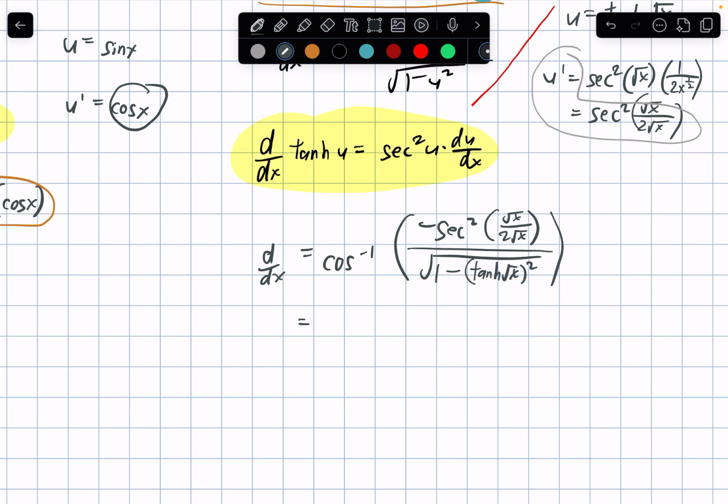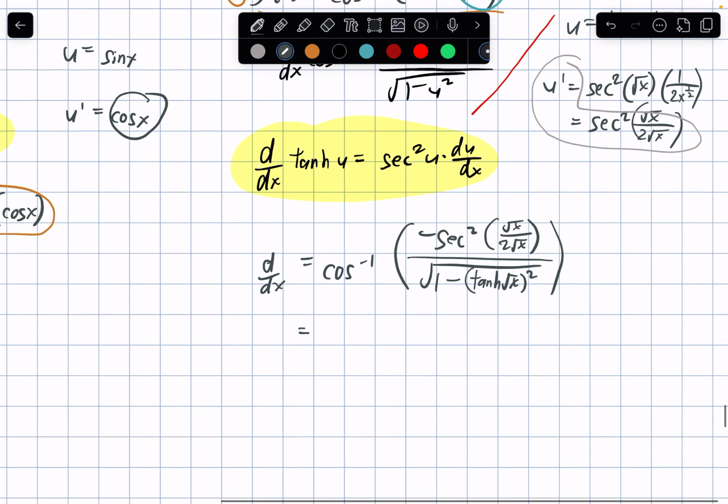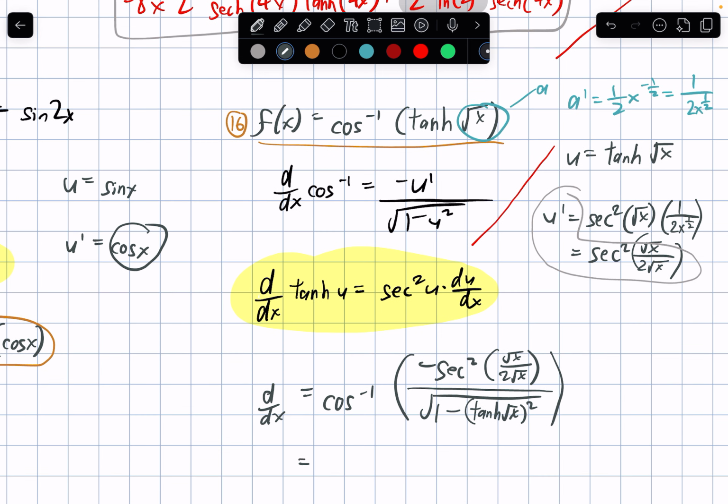Okay, what's next? I don't think we're gonna simplify anything else. Let's see if the answer is already correct. 16. Why is the answer different? This does not look good.